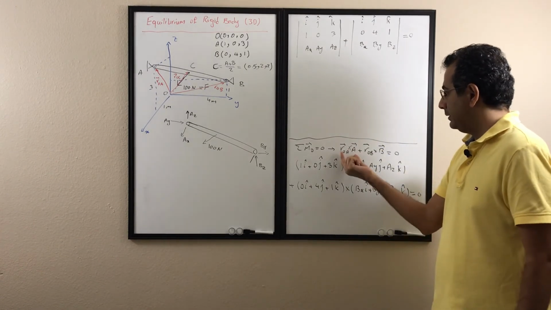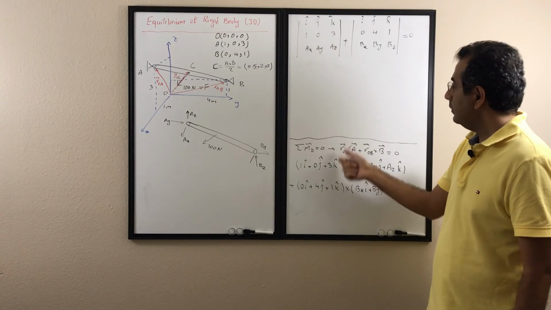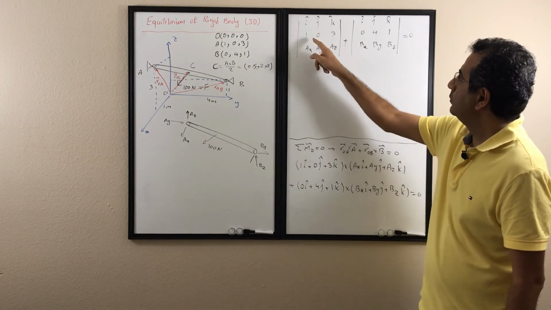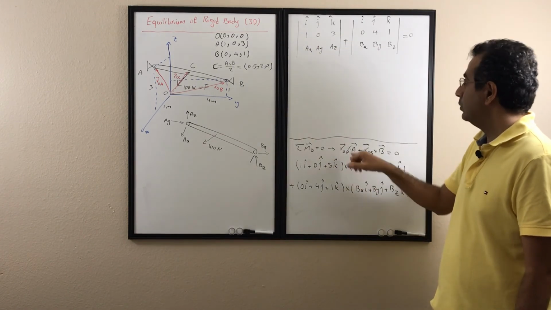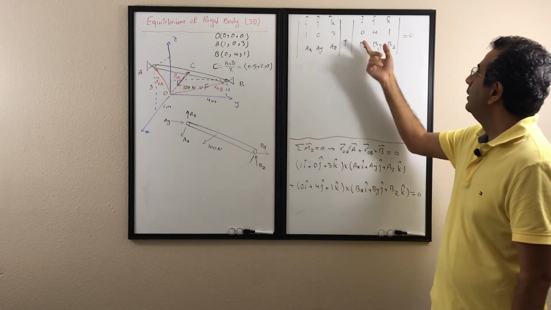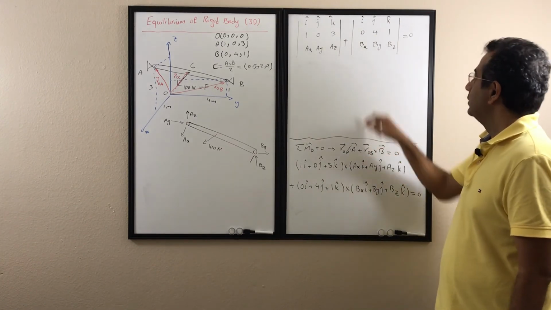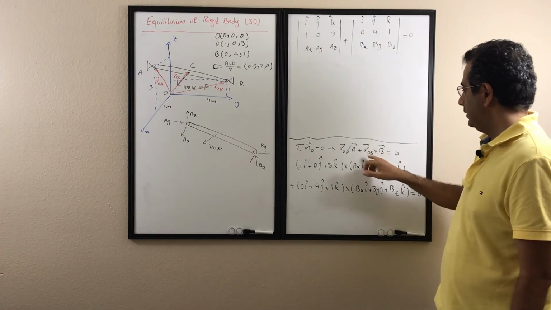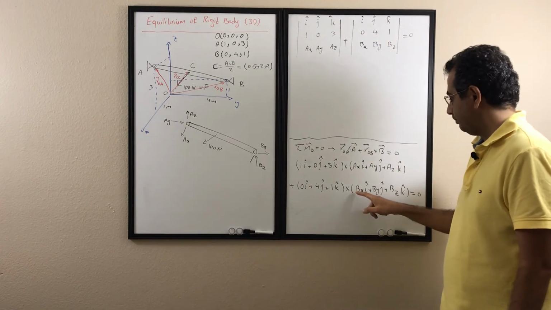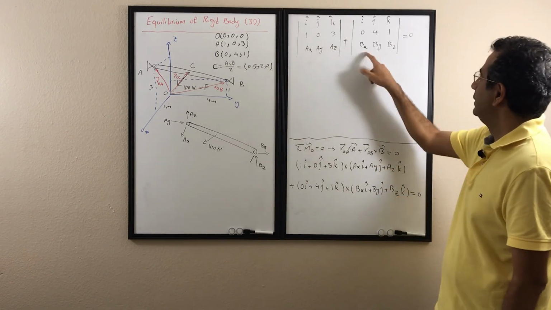So this term r_OA times A is I, J, K, then the second row is the component of r_OA, which is 1, 0, and 3, and then the third row is the component of A, AX, AY, AZ. The same here, r_OB cross B: the first row is I, J, K, the second row is the component of r_OB, which is 0, 4, 1, and then the third row is the component of B, which is BX, BY, BZ.